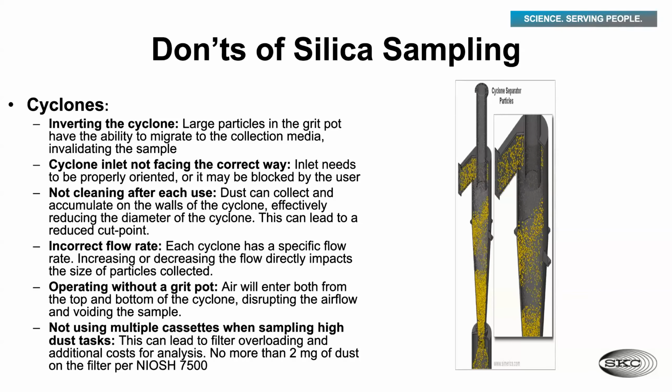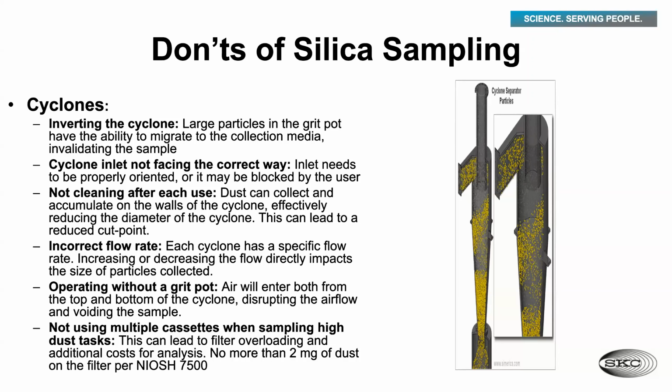And then this last one is something that I think is overlooked a lot of times, is that we don't use enough filter cassettes throughout the day if we know that we're going to have a lot of dust in the area, or that particular task is a very, very dusty task. If you think of the NIOSH method, we can only have 2 milligrams of dust on our filter to get analyzed.